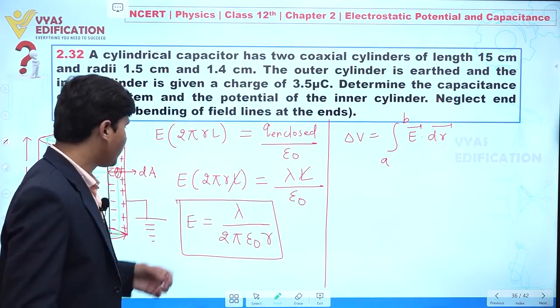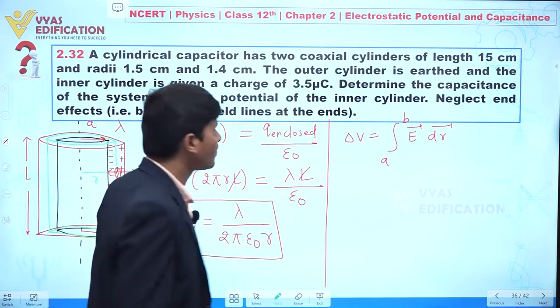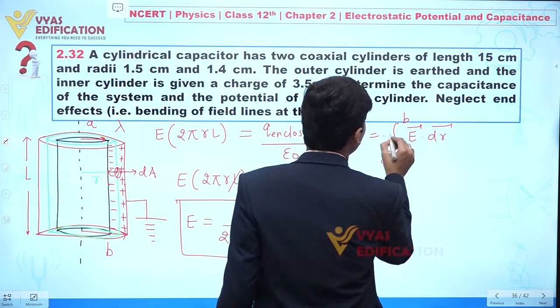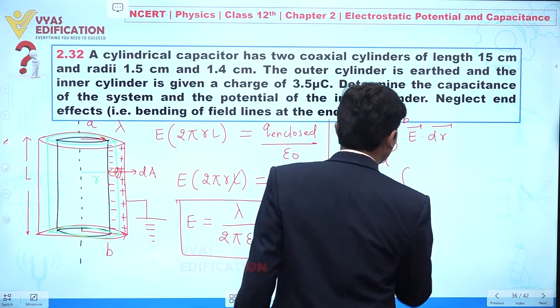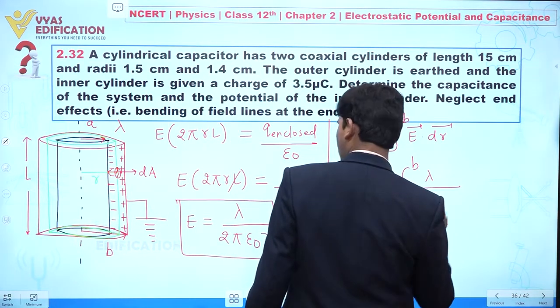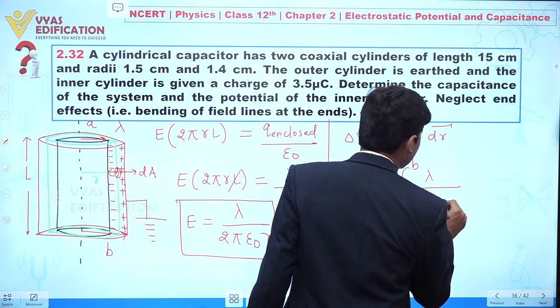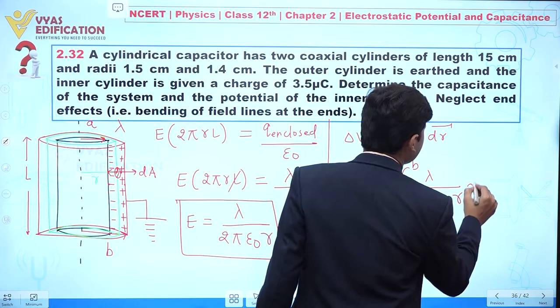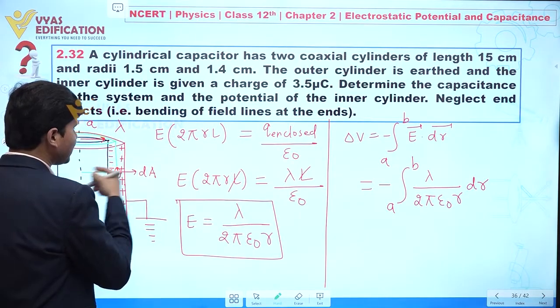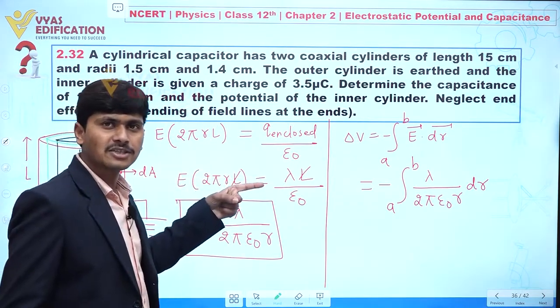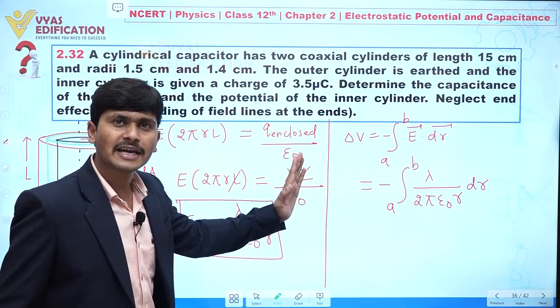Now the value of E we know, this is lambda upon 2 pi epsilon naught r. Here we have a minus also. Clear? So we can write minus integral from a to b of lambda upon 2 pi epsilon naught r, dr. The electric field is in this direction, and the displacement we are taking is in the other direction.